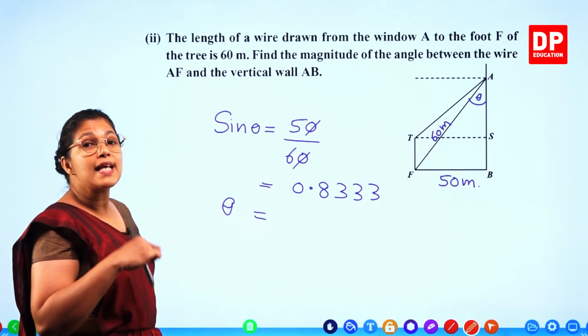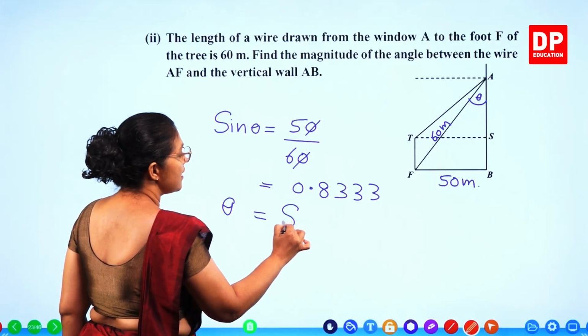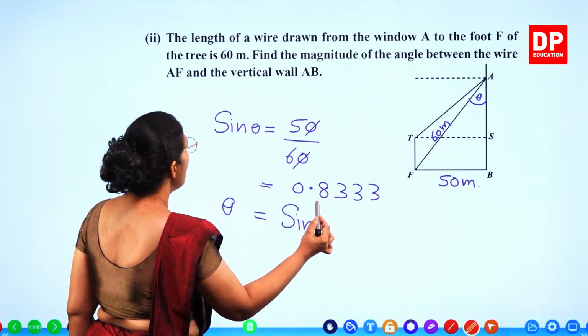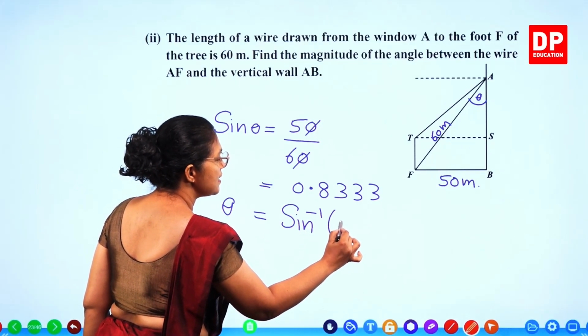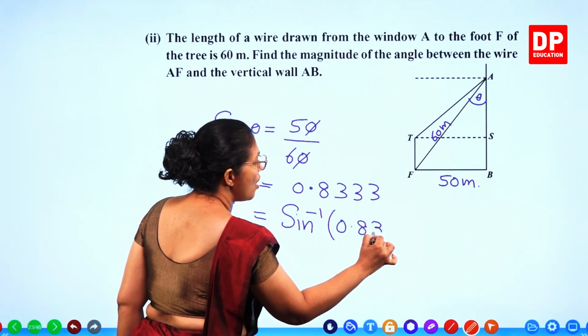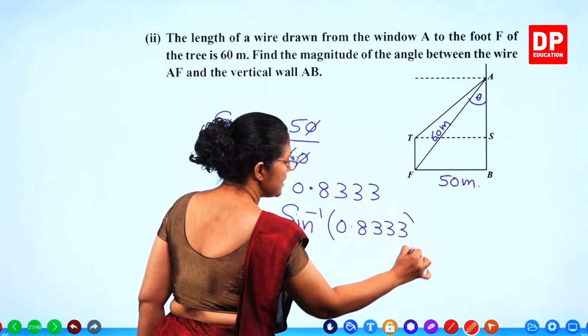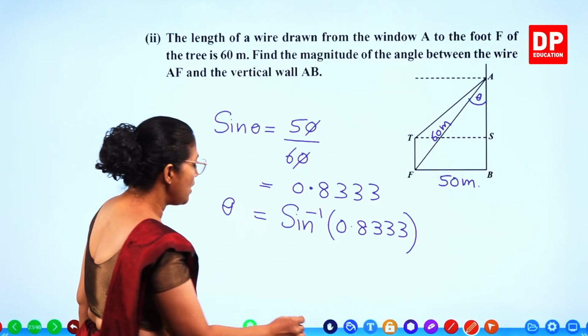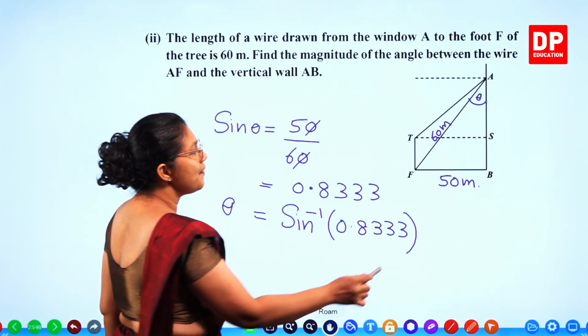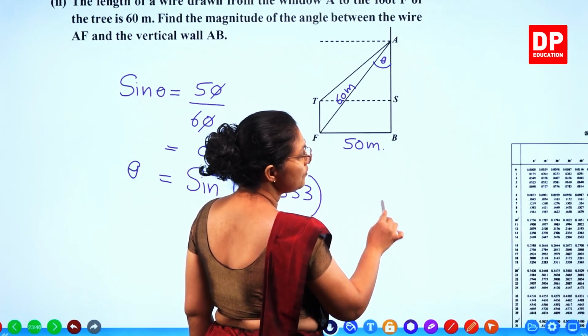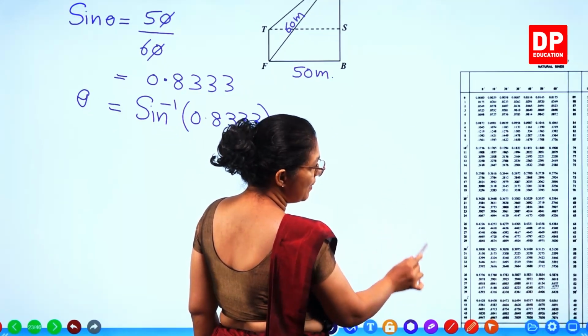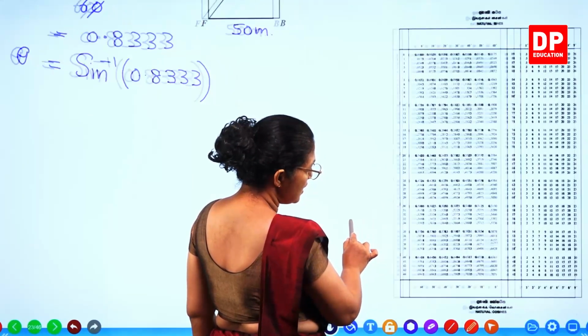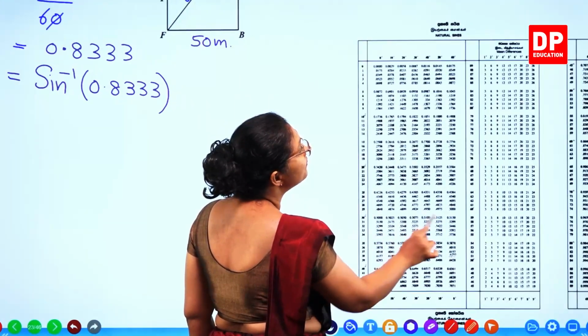So we have to take sine inverse. Like taking antilog, you have to take sine inverse of this answer. So you have to refer to the sine table and see where you get this value, 0.8333.